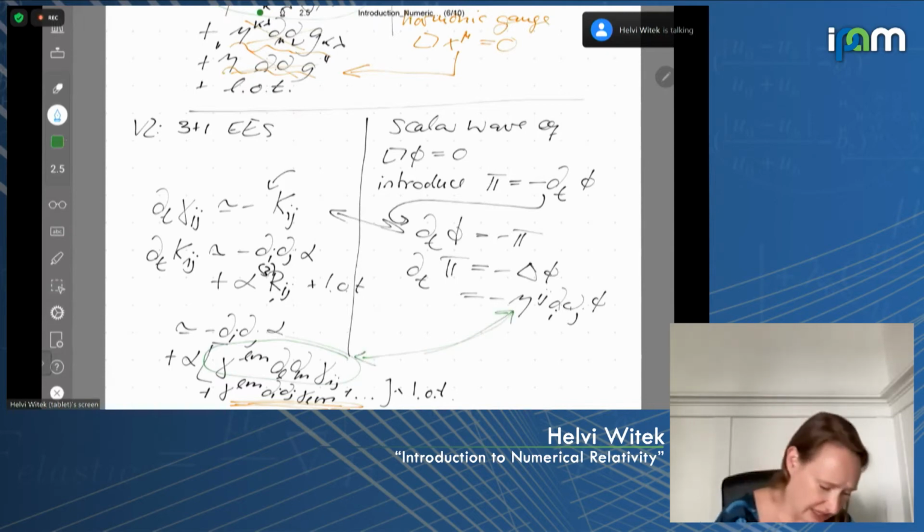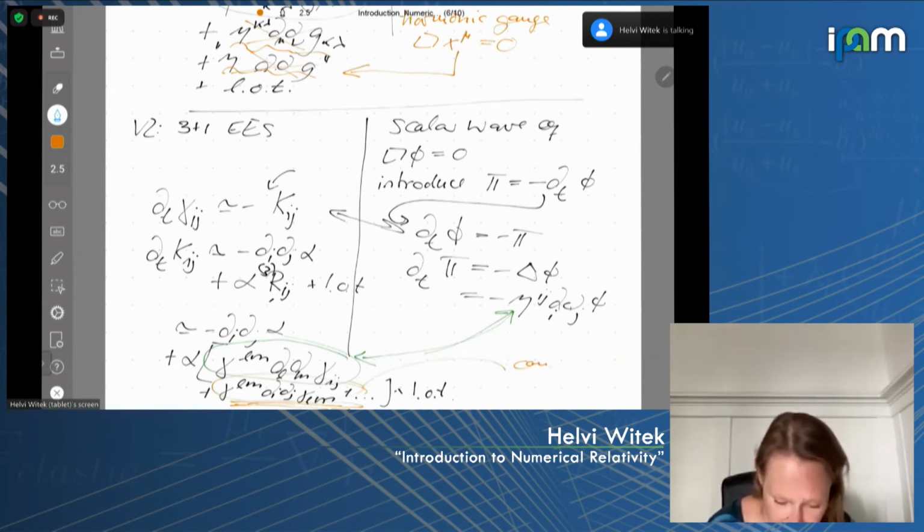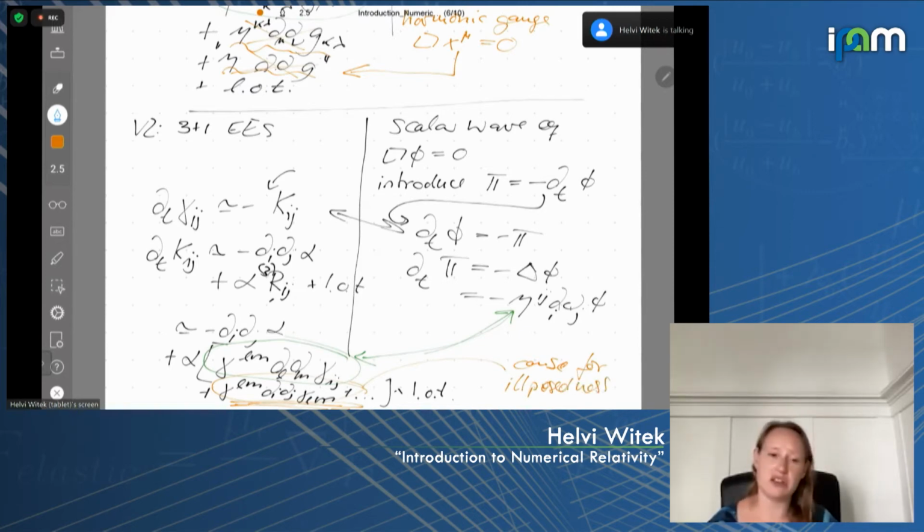But the second type of terms that I highlight here in orange are heuristically the cause for the ill-posedness. So what we need to do now, and by now we understand very well how to do this, is essentially find a way to get rid of these terms here.